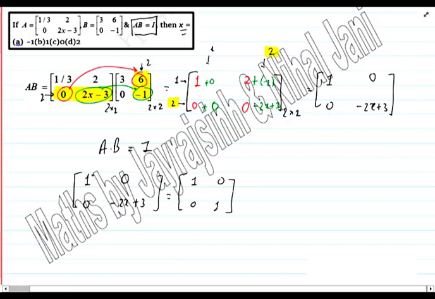If we compare the corresponding terms, we will get 1 is equal to 1, 0 is equal to 0, and minus 2x plus 3 is equal to 1, which suggests that we will get x is equal to 1. Tada! Option B is your final answer.